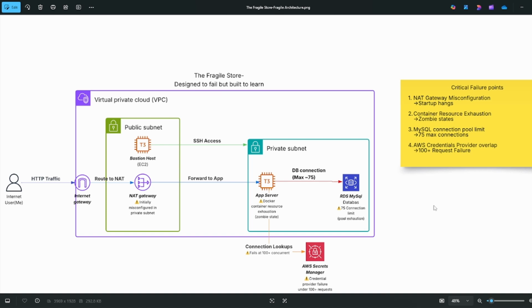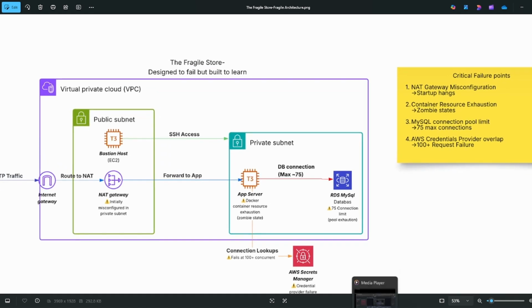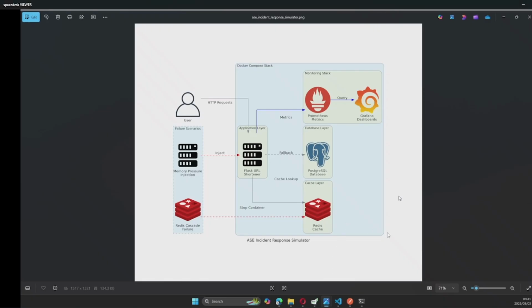And the ASE simulator taught me operational response methodology. So not just breaking things, but watching them break: the detection, the investigation, the communication, and the resolution. Same systems thinking, just different applications.